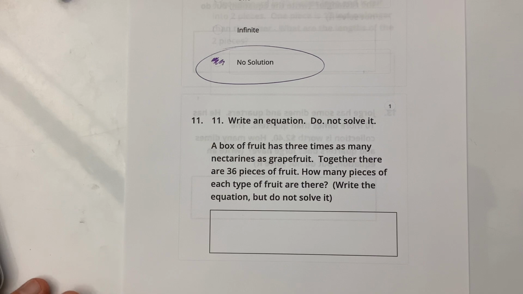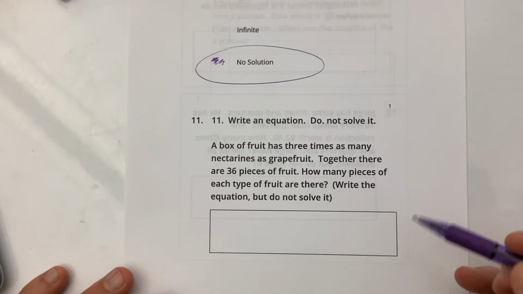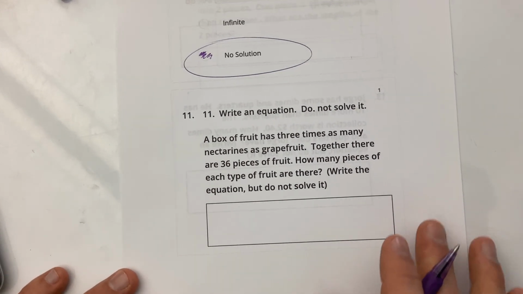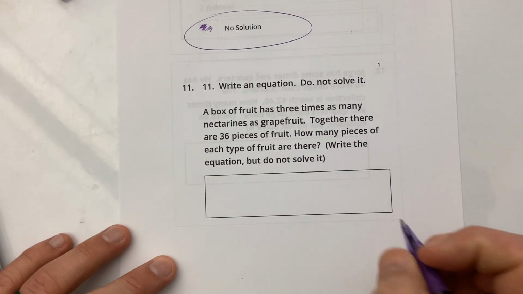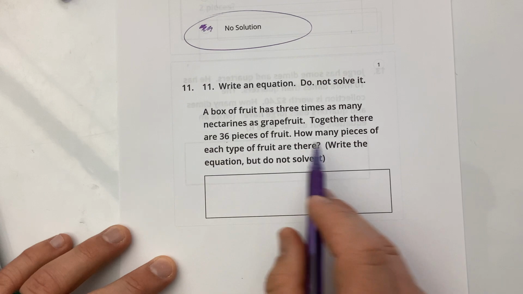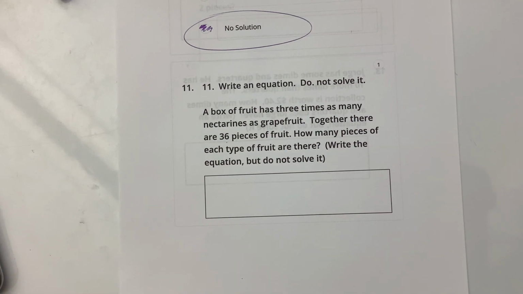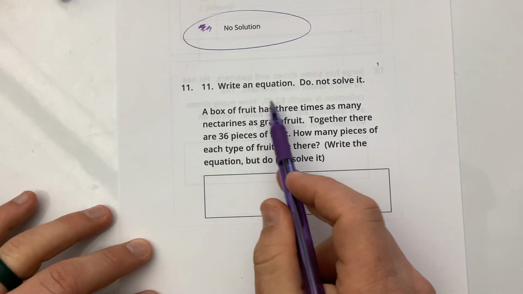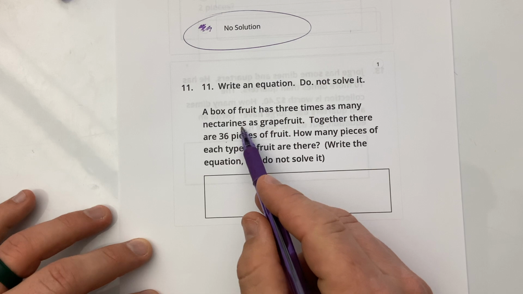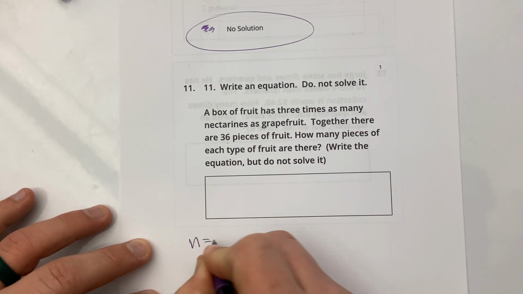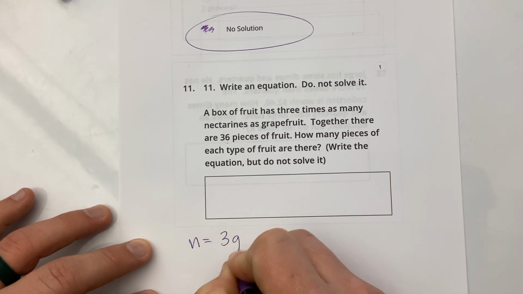Number 11, write an equation, do not solve it. So this would be standard 12. A box of fruit has 3 times as many nectarines as grapefruit. Together there are 36 pieces of fruit. How many pieces of each type of fruit are there? Okay, 3 times as many nectarines as grapefruit. So there's more nectarines. So nectarines equals 3 times grapefruit.